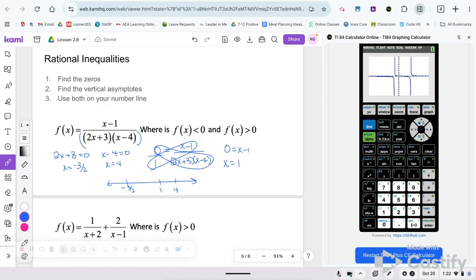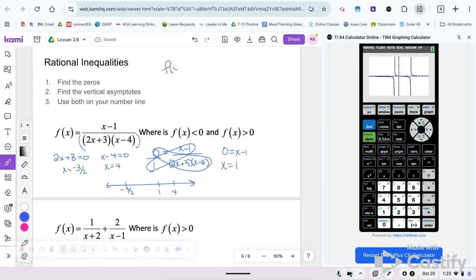And I need to know where is the function less than 0 and where is the function greater than 0. So it looks to me like the function is less than 0 the entire left-hand area of the graph there. So the function is less than 0 from negative infinity up until that vertical asymptote of negative 3/2.